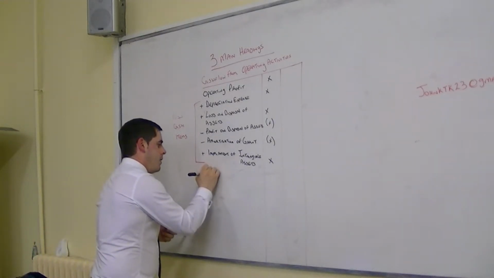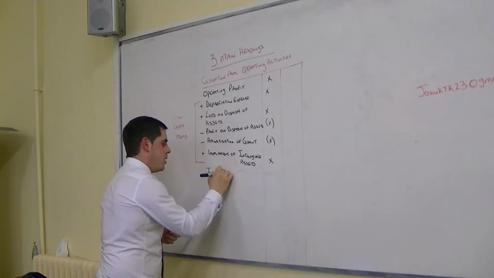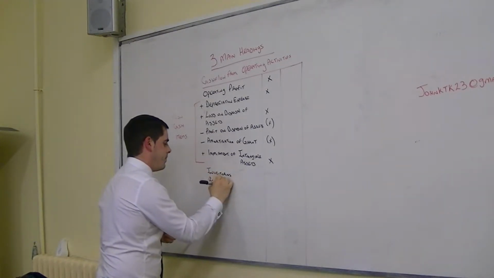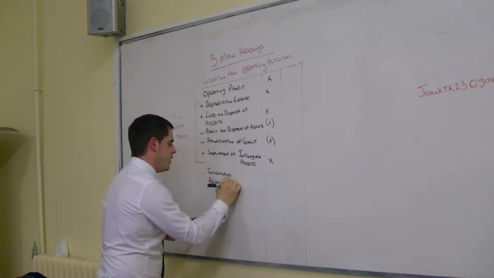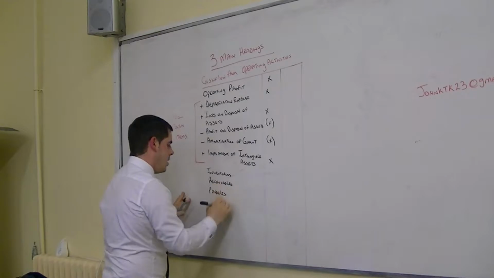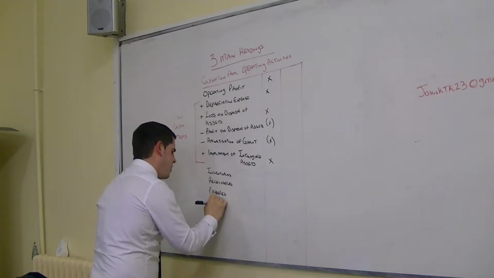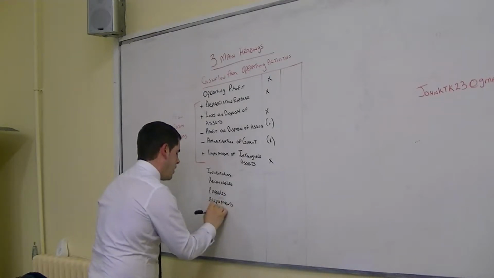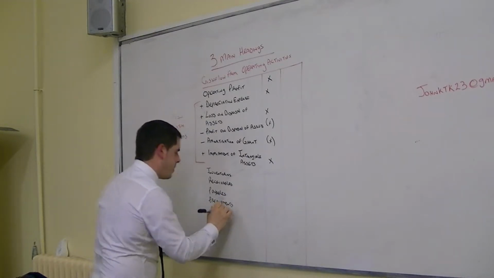So we're going to have inventories, receivables, and payables. I'm not sure which one the question will leave, so just in case, you might have prepayments and accruals as well.